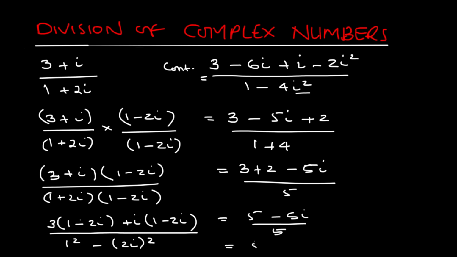I can factorize 5 to give me 1 minus I divided by 5, which now gives me, these can take care of each other. Then we have 1 minus I, like that. So this is the rational form of this one here.